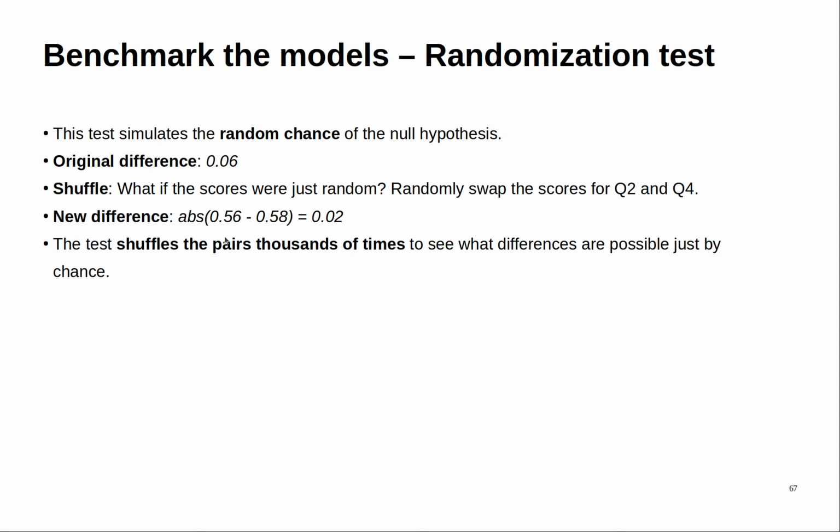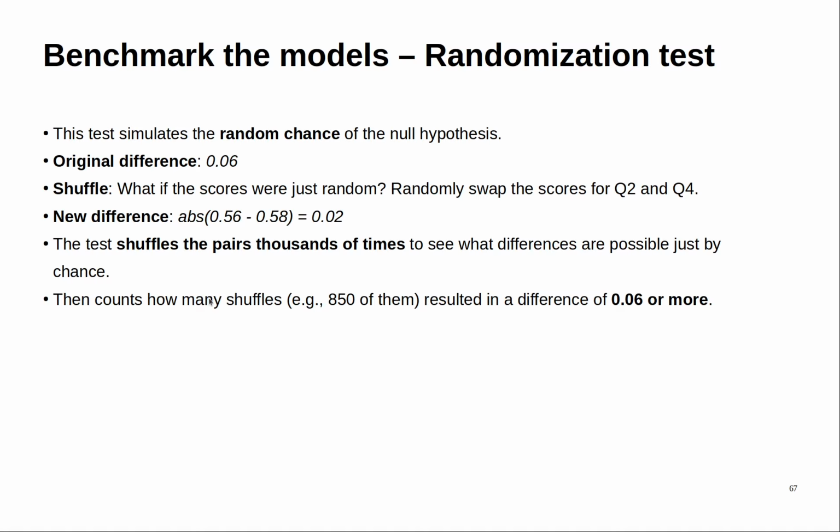Now the test is going to apply this shuffling thousands of times to see the differences that we are going to get by chance. And in the end, we are going to count how many shuffles resulted in a difference of that initial value or more.